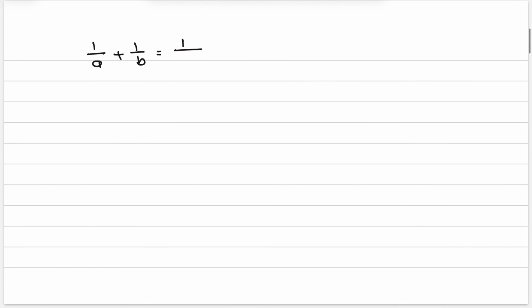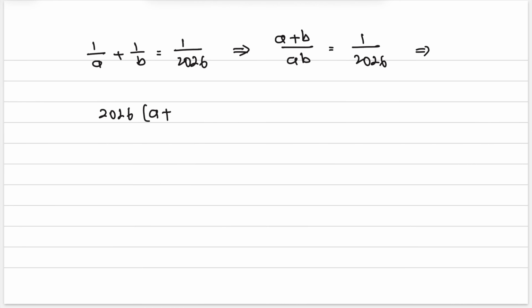Now 1 by A plus 1 by B is equal to 1 by 2026 implies A plus B whole divided by AB is equal to 1 by 2026. That implies 2026 into (A plus B) is equal to AB by cross multiplication.